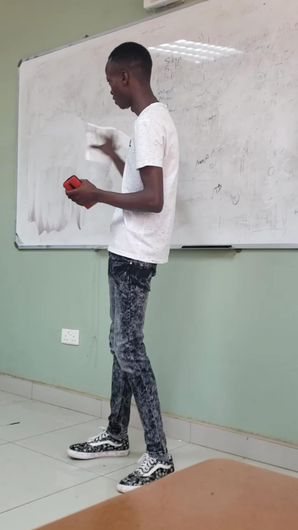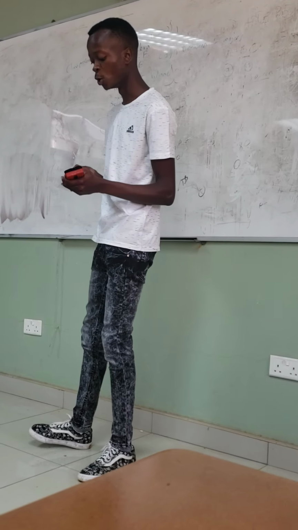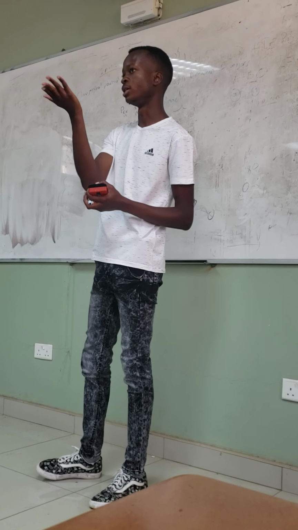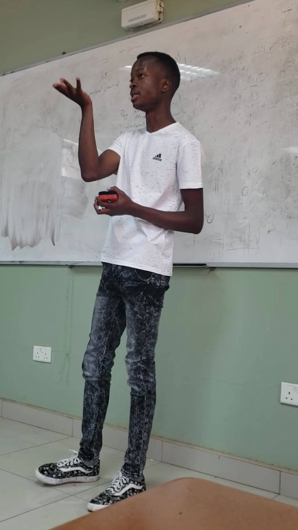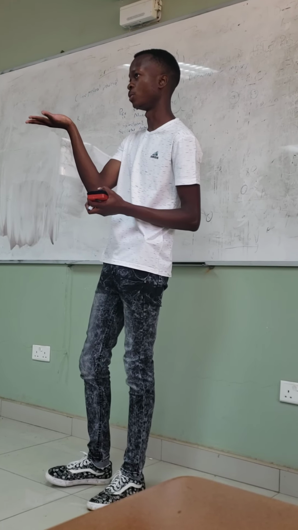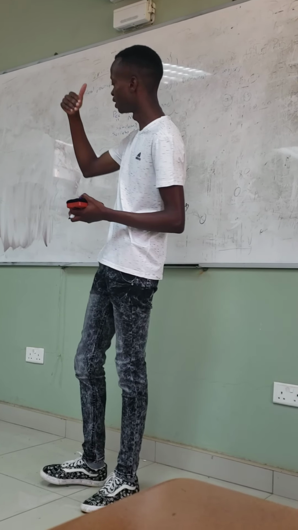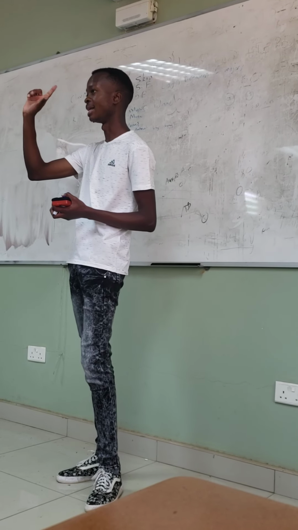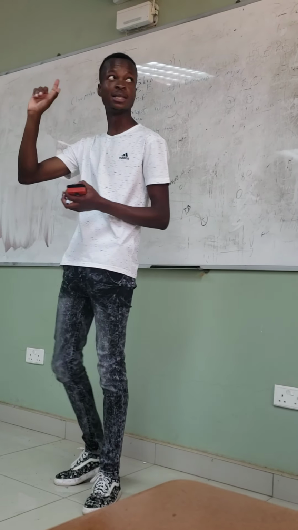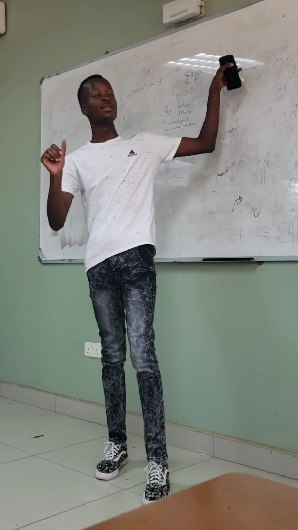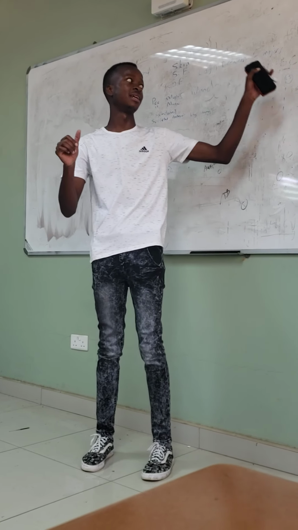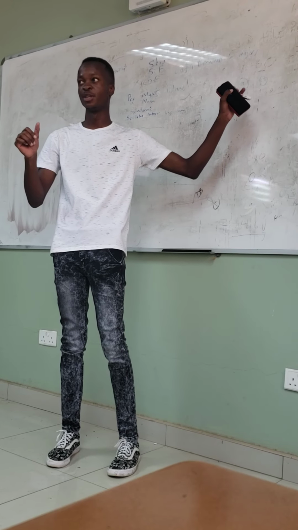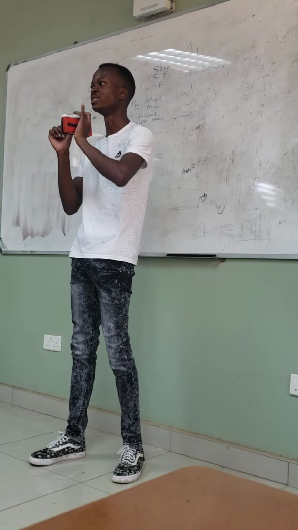And if you look at the pec major, at some point it folds on itself to form an anterior axillary fold. Then when we look at the muscles of the back, the teres major and the latissimus dorsi. Notice these three muscles are the ones leading to the bicipital groove, with the pec major in front and the others under it.